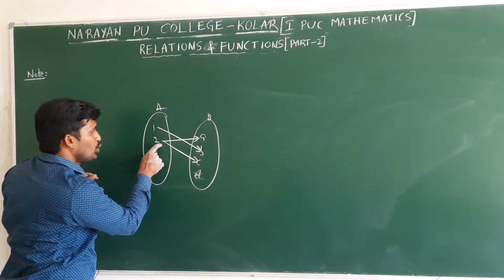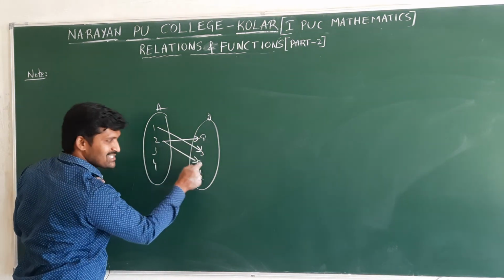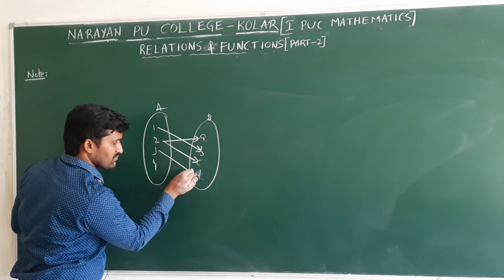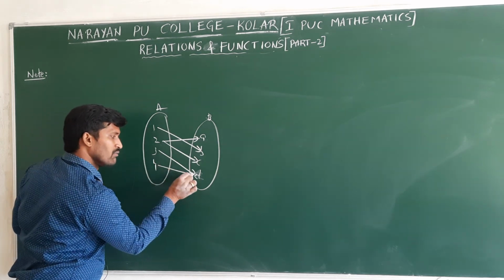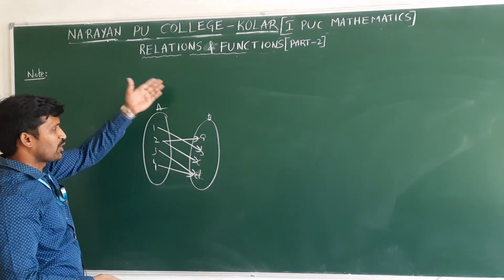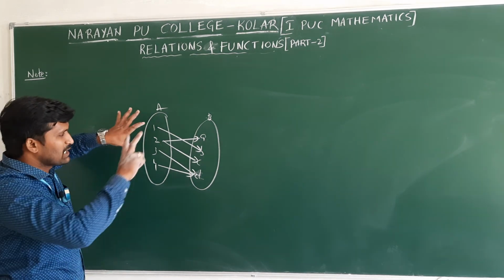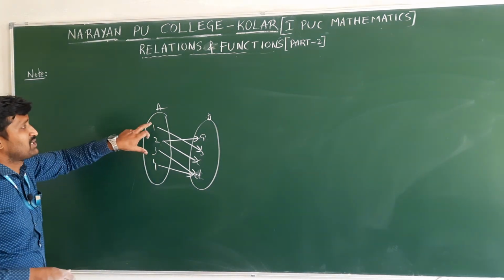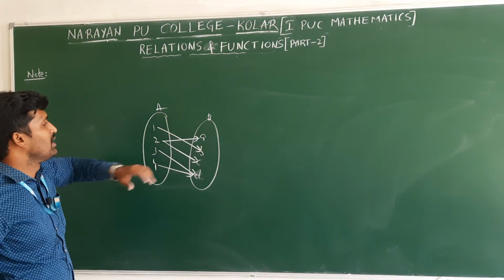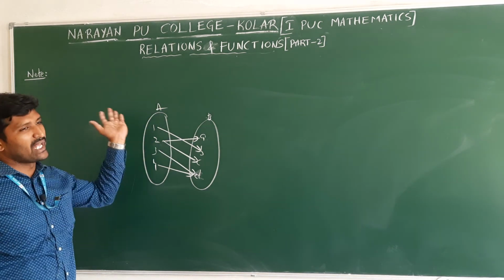That means 2 has images A and C. 3 like this. This is called arrow diagram representation. For understanding purposes, to build the relation between the two sets A and B, we use this concept also, the arrow diagram.